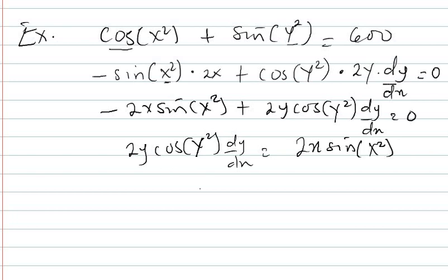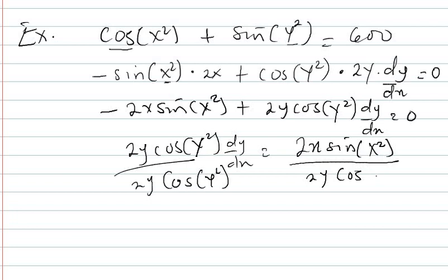To get dy/dx, we divide both sides by the coefficient of dy/dx, which is 2y cos(y squared).